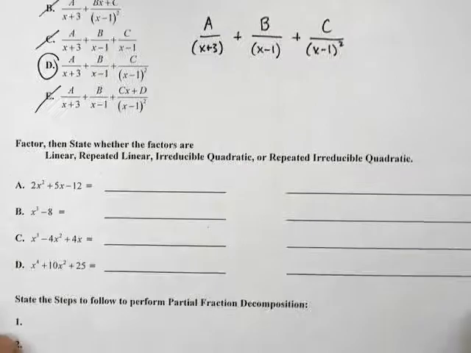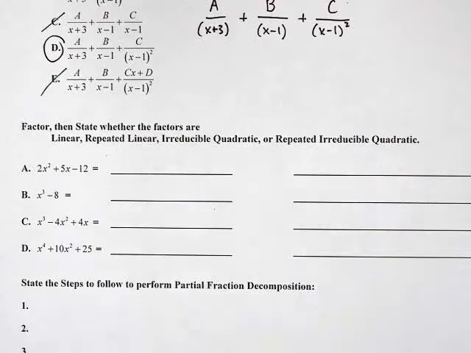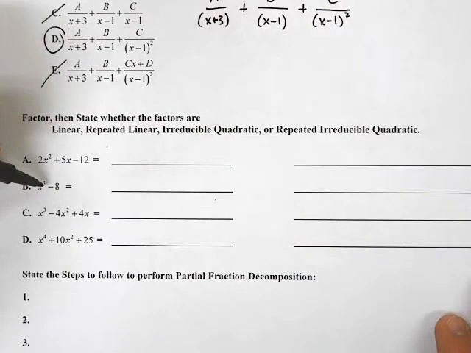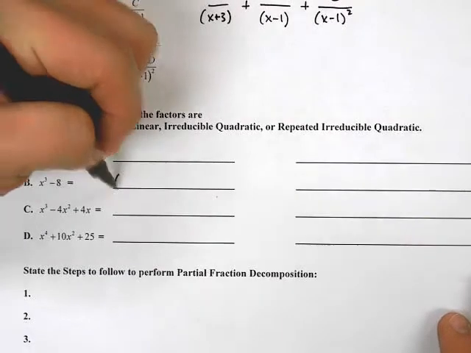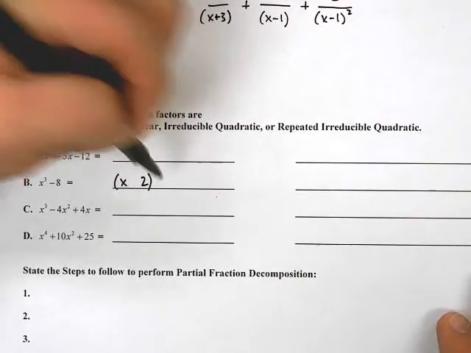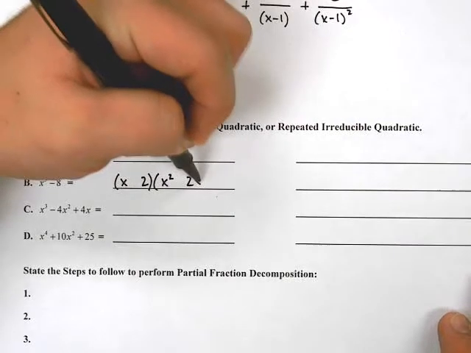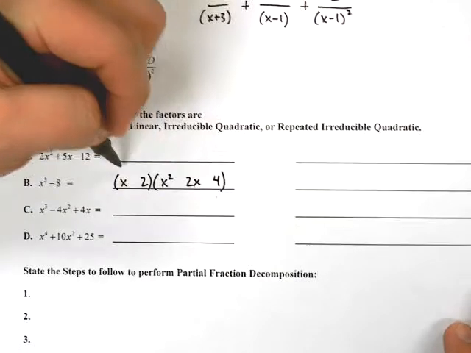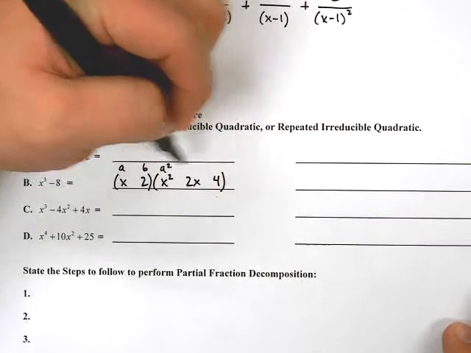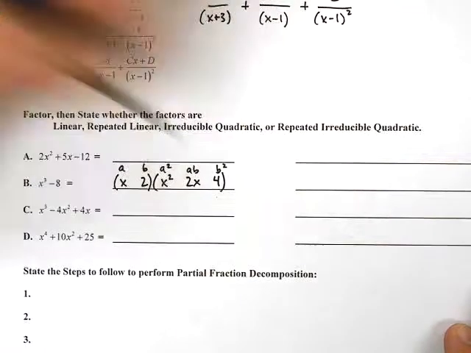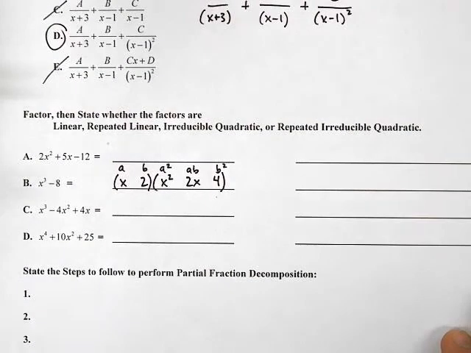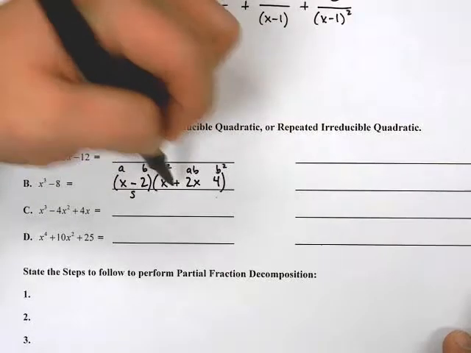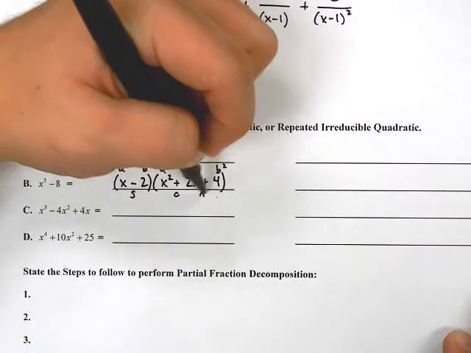When we look at the next section, I'm just going to do a few of these. Maybe B, because this is a difference of cubes. This will factor to x minus 2 times x squared plus 2x plus 4. Remember it's a minus b, a squared plus ab plus b squared. Then we use SOAP to finish it up. Because it was negative, I'm going to go same, opposite, always positive.